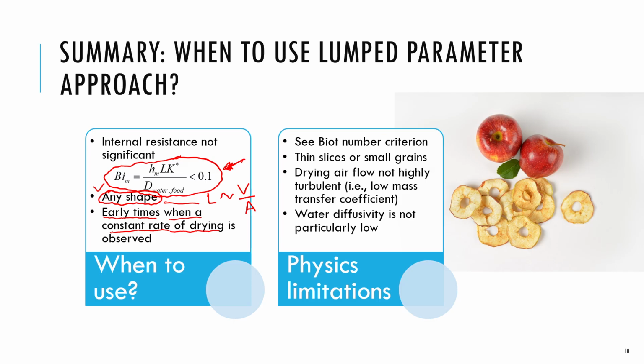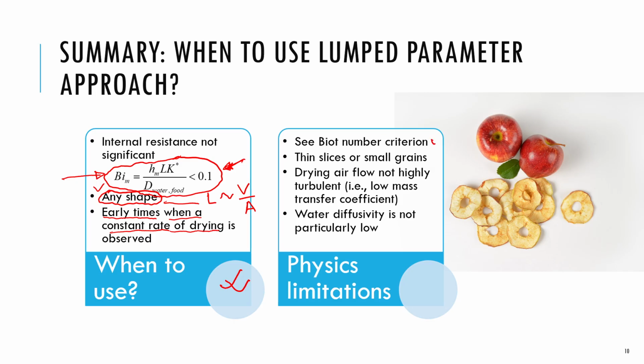The other time we can use it, again as given by this equation, is when L is small, or it's a thin material. So those are the times when we can use this lumped parameter approach. The limitations that come through the derivation are sort of an alternate way of discussing the same thing, as to when we can use it.